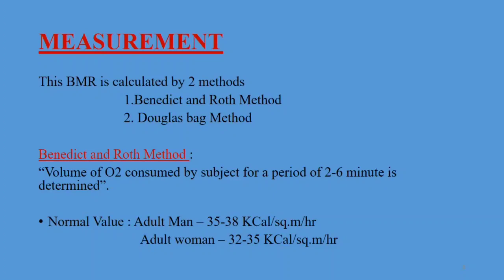In adult men, the normal value of BMR is 35 to 38 kilocalorie per meter square per hour, and in adult women it is 32 to 35 kilocalorie per meter square per hour.